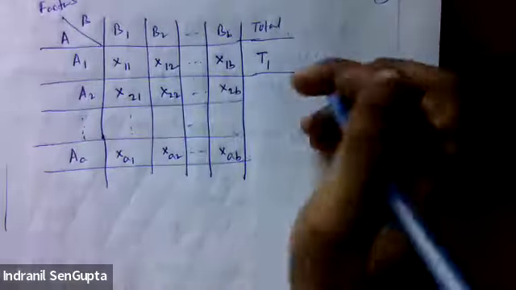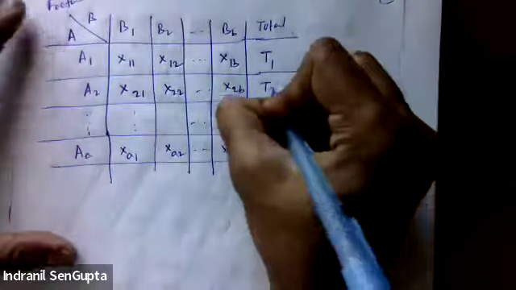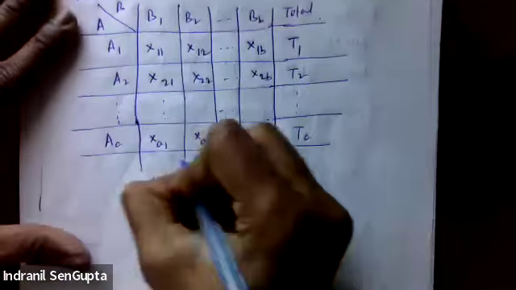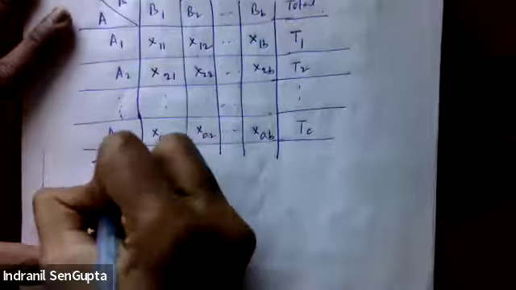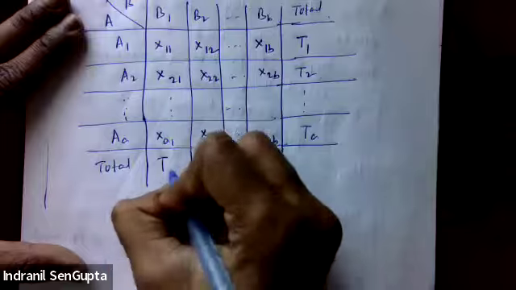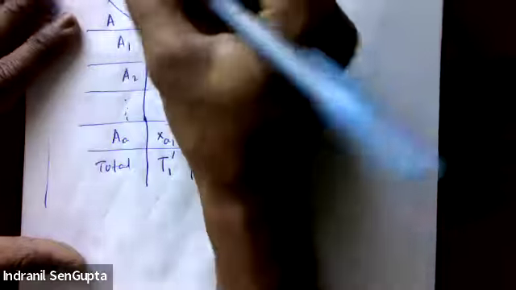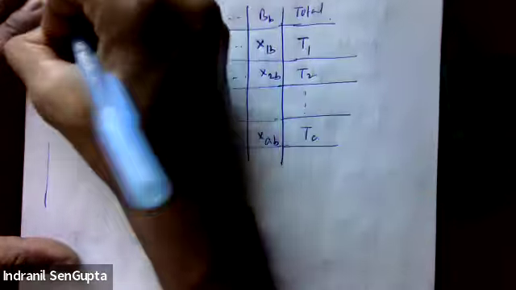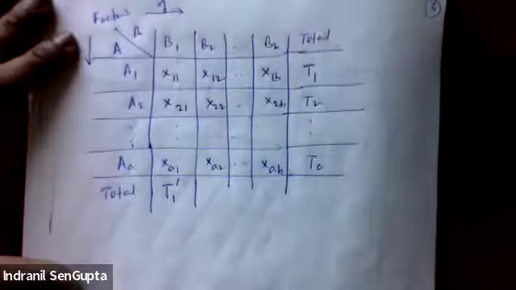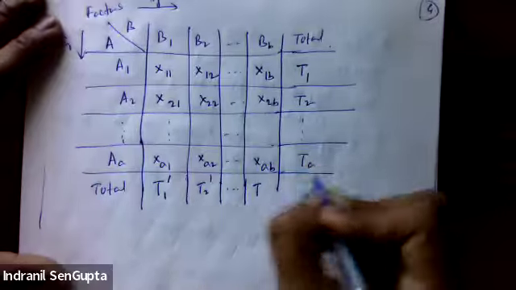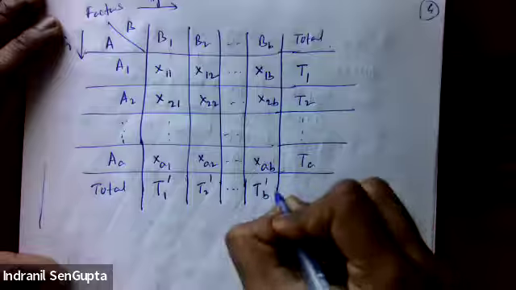So this is T1, this is T2, and this is Ta. And here the totals are given by T1 prime because it's for the j index. So this is the i index, and here it's the j index: T1 prime, T2 prime, T sub b prime. Okay, so that's the notation.